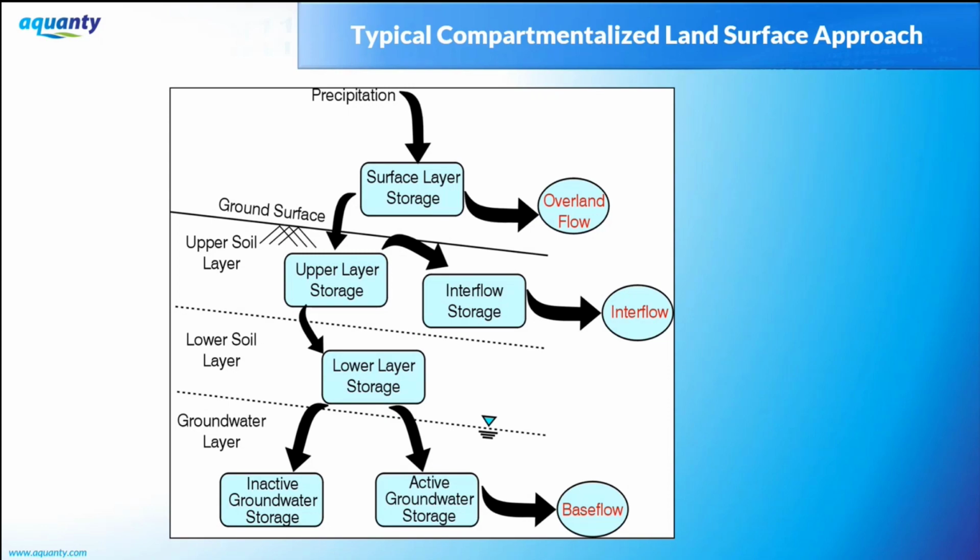They sometimes talk about inactive groundwater storage versus active groundwater storage, which somehow leads to base flow. So in HydroGeoSphere, and others who have developed integrated models, we wanted to move away from the compartment approach, more towards partial differential equations, and include groundwater in a mechanistic way. Next slide.